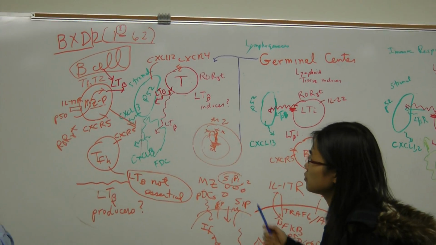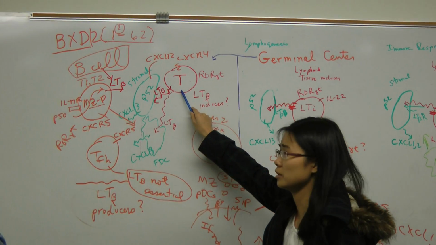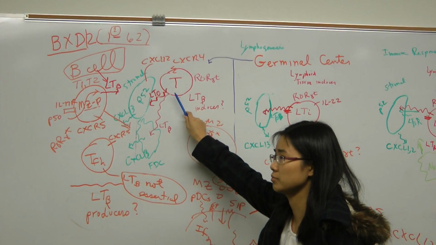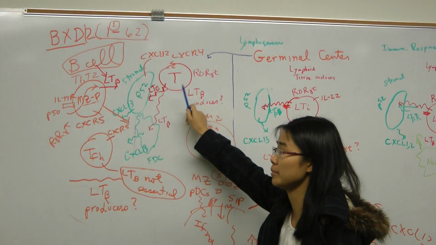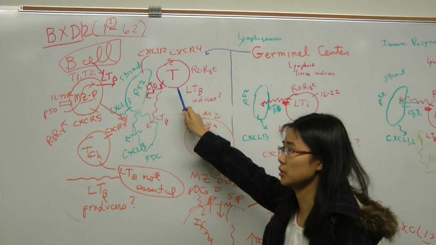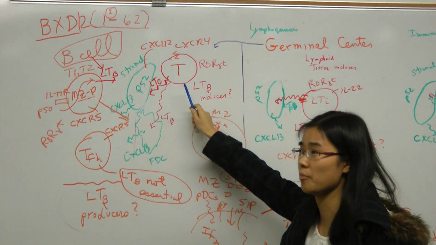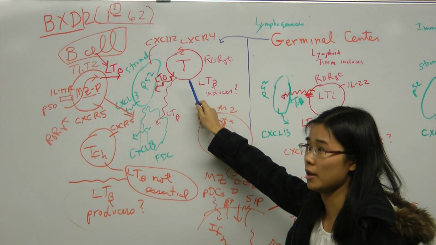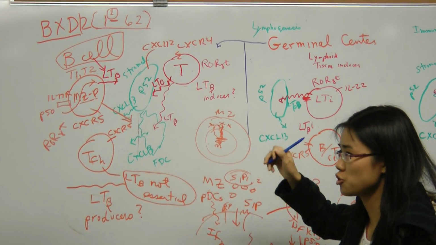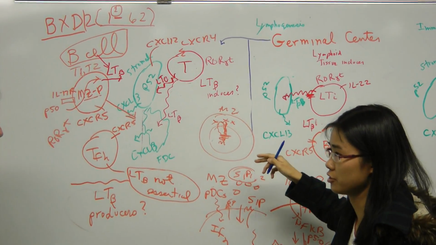Yeah. So the T cells in the T cell zone, which may also help the B cells for antibody producing, should be called extra-follicular T helper cells or something. That will promote the short-lived antibody production.